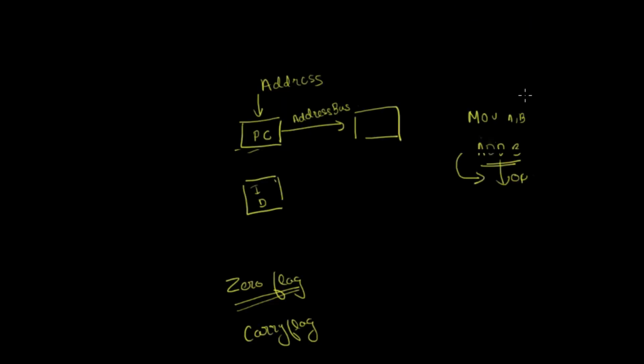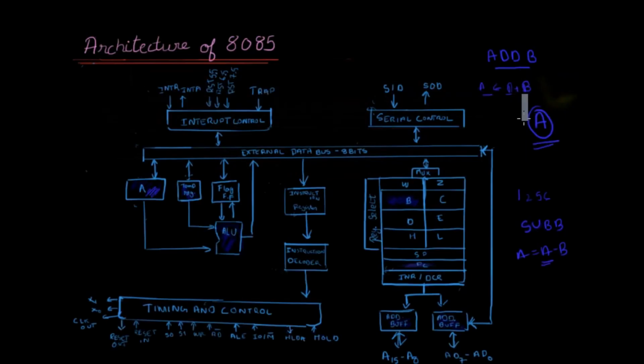There is this ALU that is conducting a particular operation, and suppose it is SUB B. B contains 4. The accumulator also contains 4. If you do SUB B, the result is going to be 0. So the zero flag will be 1, indicating that the current result has become 0.